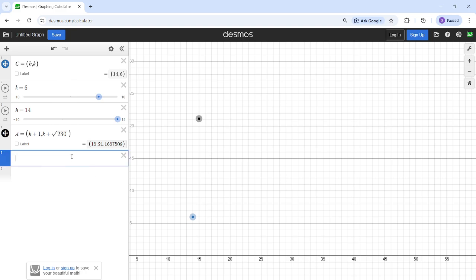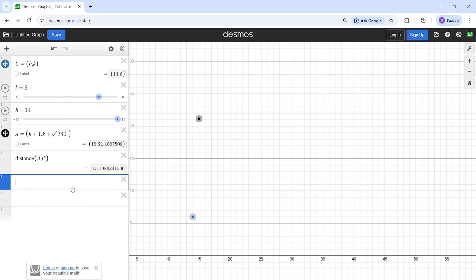We could just find the length of AC and say that the same length is also for CB. Now, the distance of AC is this, and this is also the distance of CB. I think you all got the reason why.